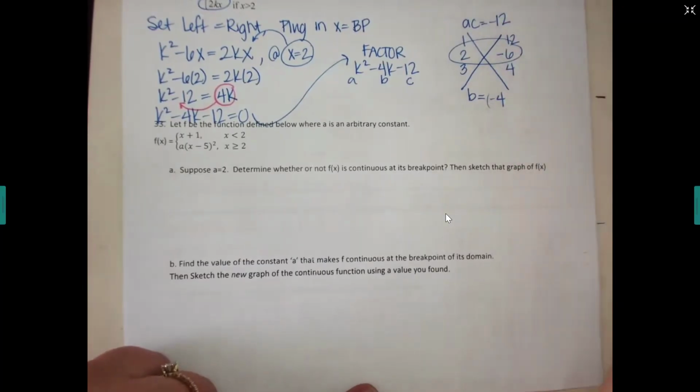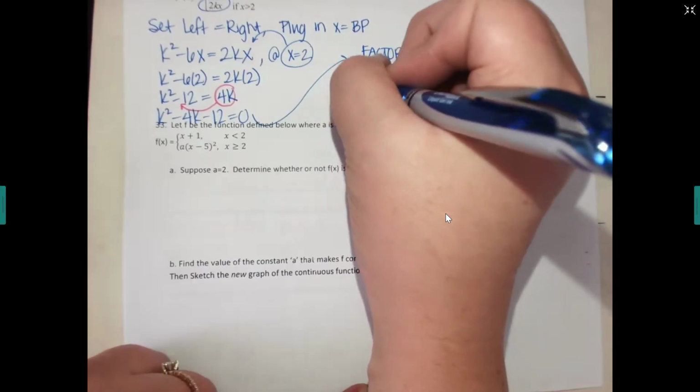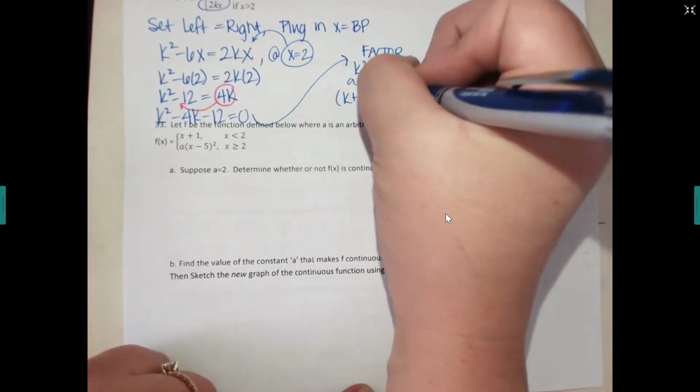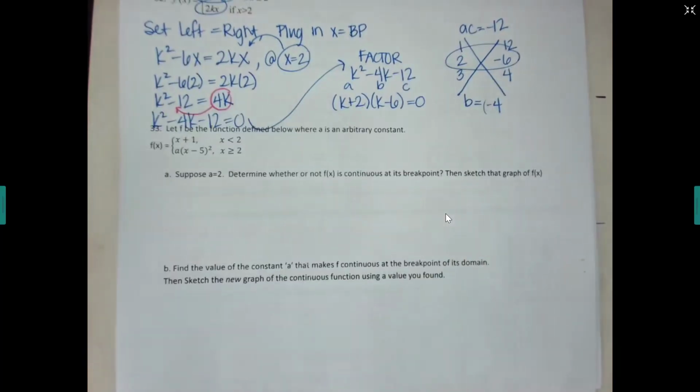Now, your answers are not positive 2 and 6. That's what the factors are. So if I have a k with a plus 2 and a k with a minus 6, my actual answer should be the reverse signs of those. So negative 2 is my first answer. 6 would be your second answer.